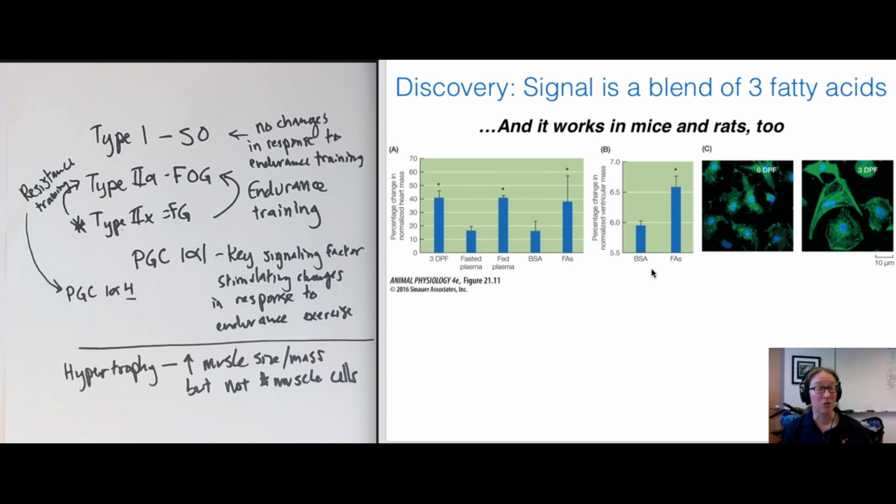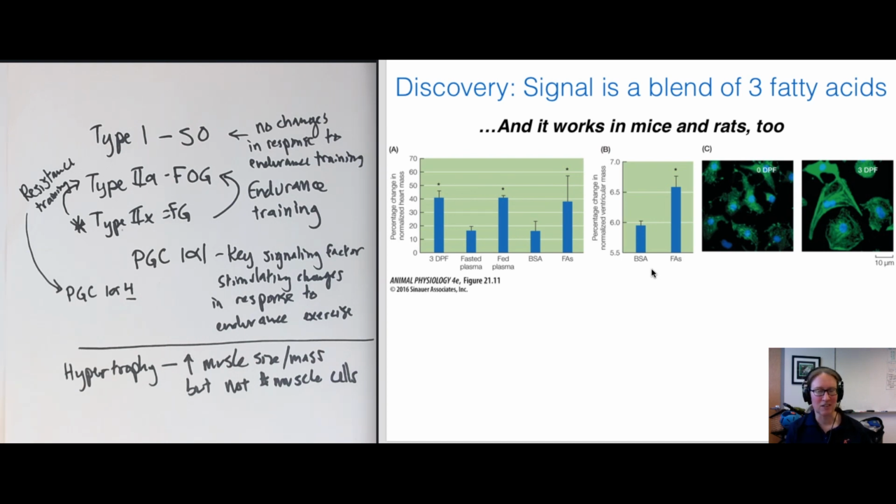Okay. The coolest part of this is that after discovering that this blend of fatty acids leads to cardiac hypertrophy in pythons, the scientists also figured out that this same signal of 3 fatty acids can generate cardiac hypertrophy in mice and rats as well.